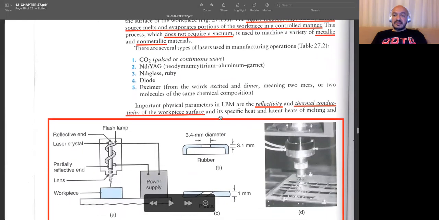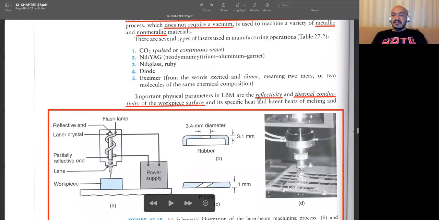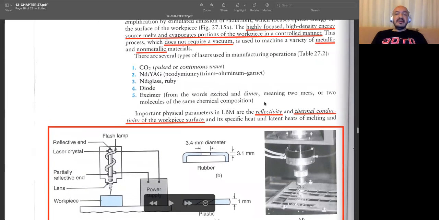And we should be careful about some properties of the workpieces which are going to be machined in this process. The important ones are the reflectivity and thermal conductivity. For instance, if your part is highly reflective, then you cannot focus the energy. You cannot focus the laser beam. So that's why highly reflective materials are not preferred in this process.